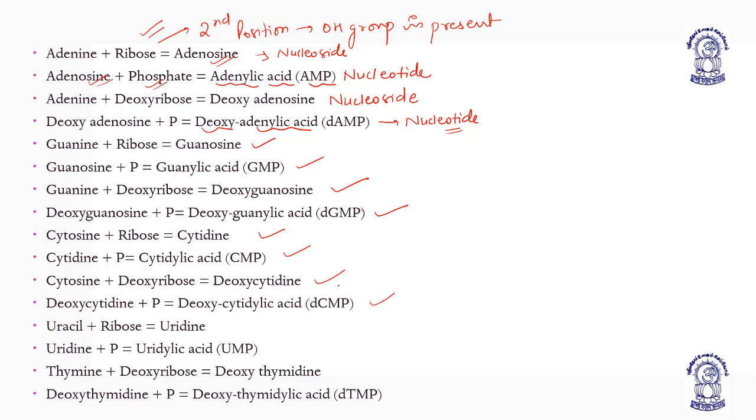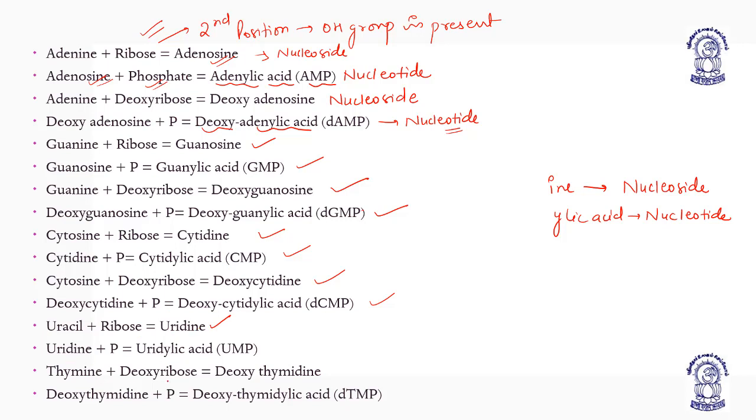So this nomenclature you have to remember. If the name ends in INE, then it is a nucleoside, and if it ends in YLIC acid, then it is a nucleotide. In the case of uracil, uracil plus ribose is uridine, and uridine plus phosphate is uridylic acid.